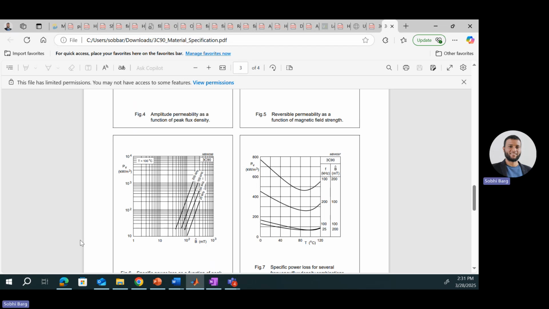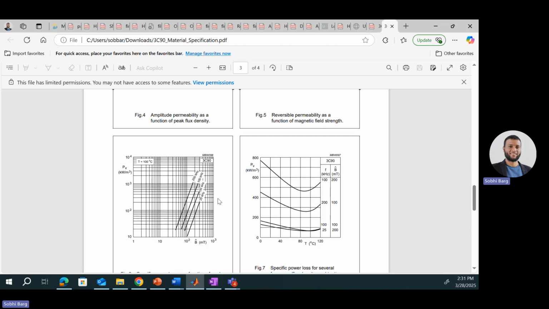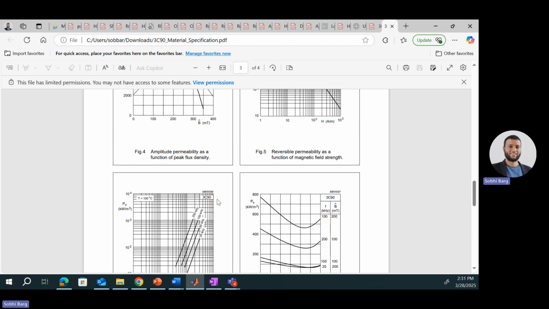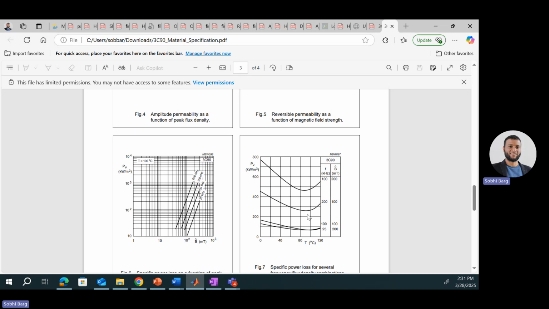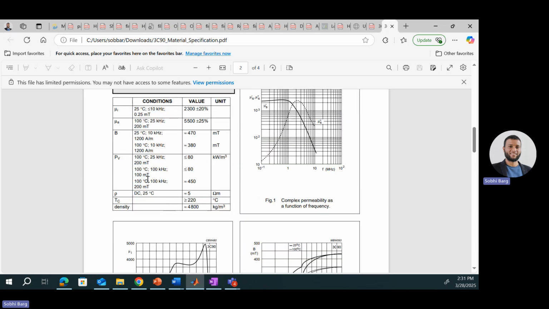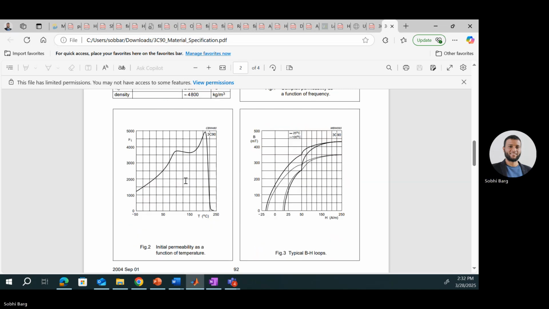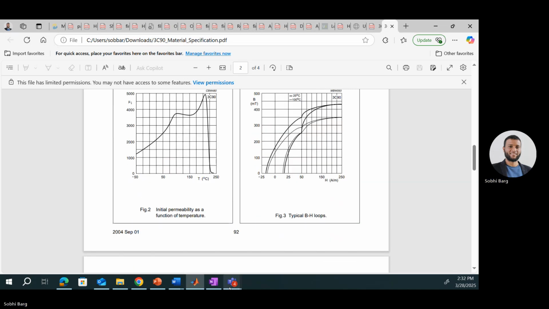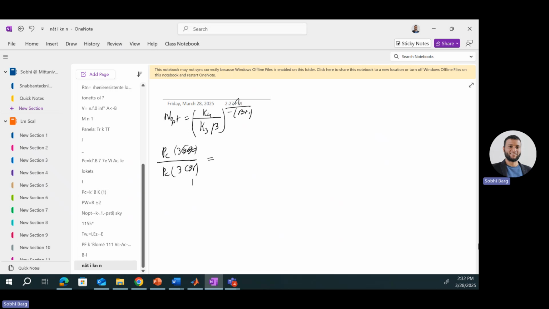So if we use the data in the first table, it will give 1.55. But if you use the data here, it's 1.27. So I think the data given in the table here could be considered as the worst case. So I'll consider this one, even though it is smaller in reality. So this result should be equal to 1.55.